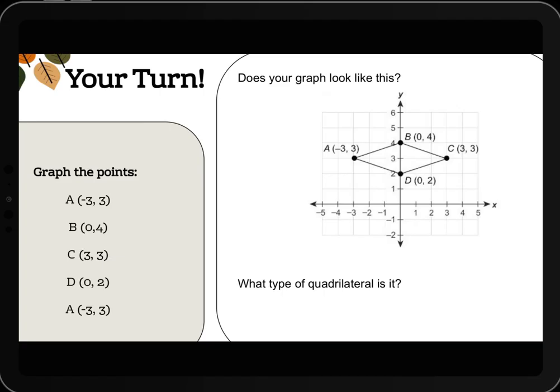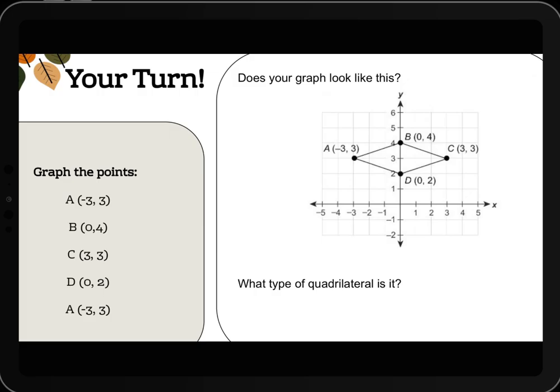We want to figure out what type of quadrilateral it is. So one of the ways that you can do that is you ought to make sure that it's a parallelogram first, typically. And that just means that anytime you're looking at a quadrilateral, if you want to classify it, you can classify it as a parallelogram first, usually by checking to see that opposite sides have the same slope, and then you can classify it as a rhombus if it has one of the unique properties that a rhombus is supposed to have.